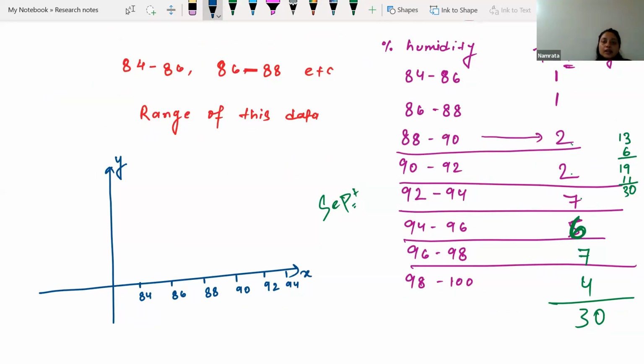If we draw like that, on the y-axis I am writing the frequencies 1, 2, 3, 4, 5 like this. So if we plot it in the form of a bar graph, our bar graph will look like this one.